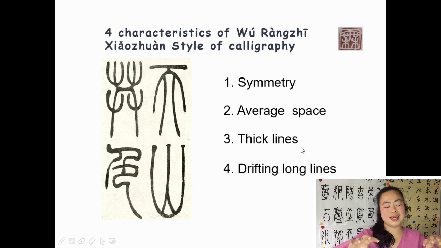They're all like those beautiful dresses flowing in the wind. That is the feeling of his long lines. So when we practice Master Wu Rangzhi's style of Xiaozhuan calligraphy, we will focus on these 4 characteristics.